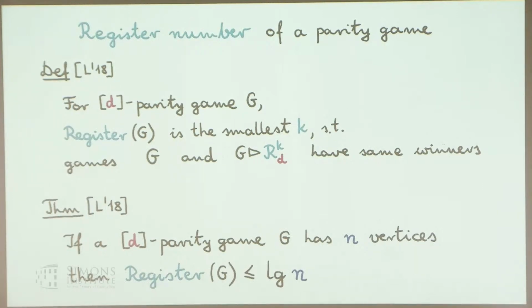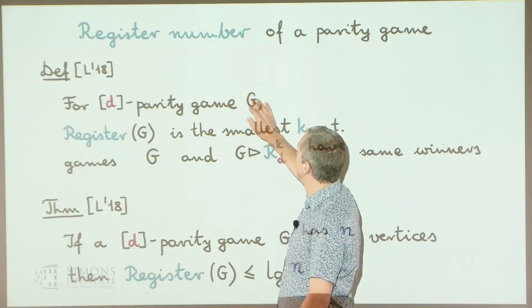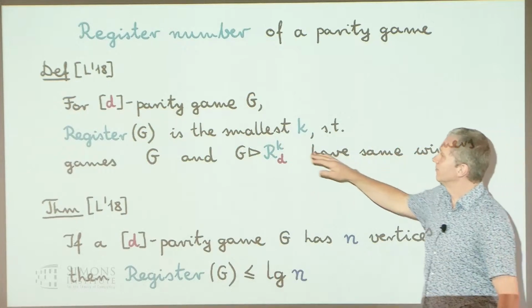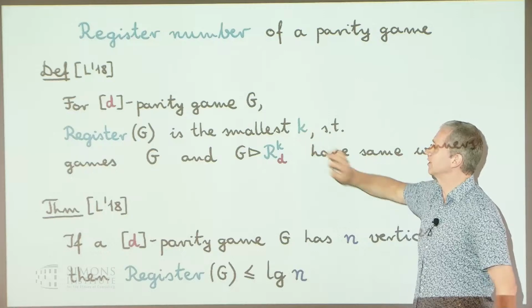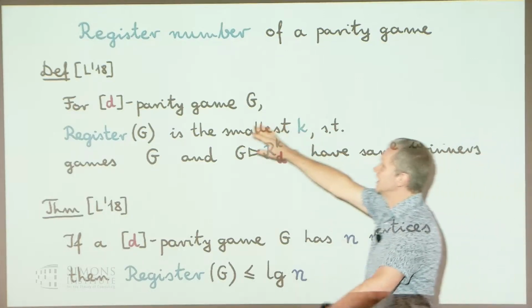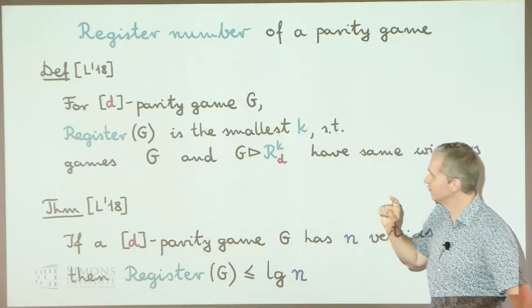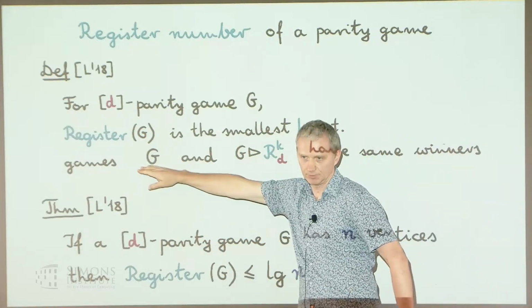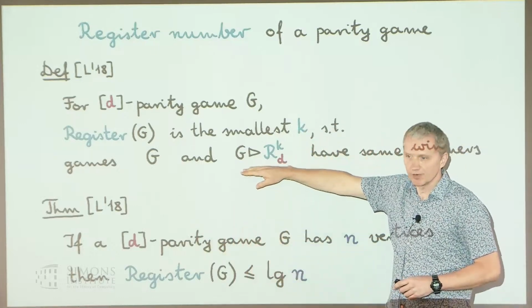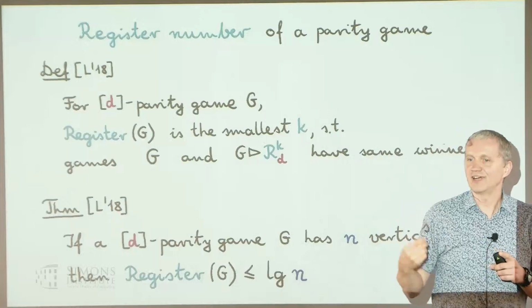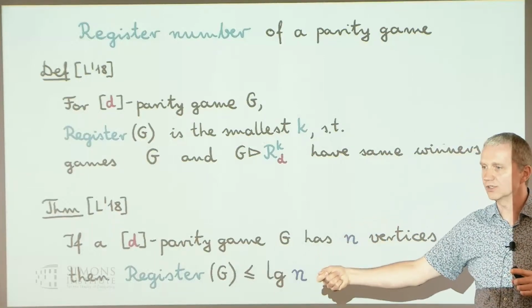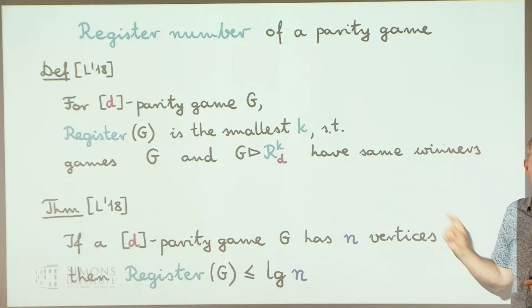She says that a parity game G with some number of priorities has register number k if playing the original parity game with d priorities and playing what she calls the register game, in which the verification of the parity condition is outsourced to that transducer, are equivalent.